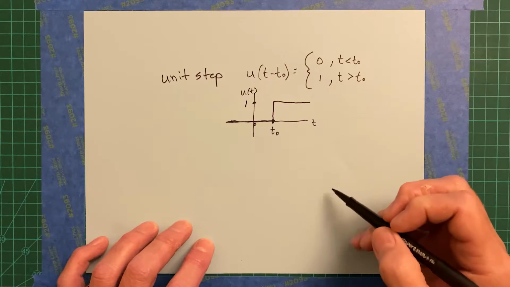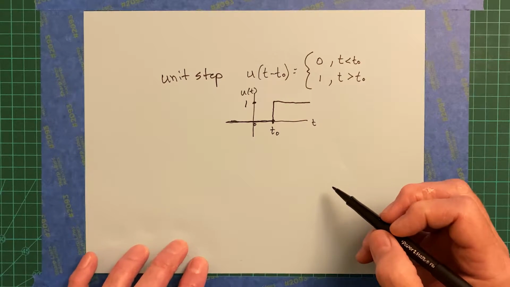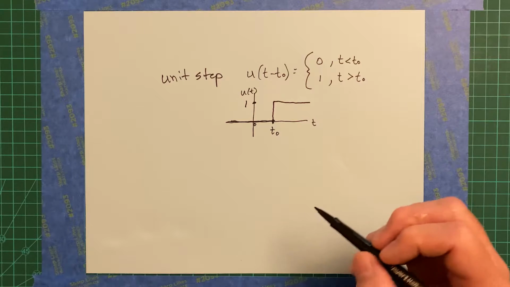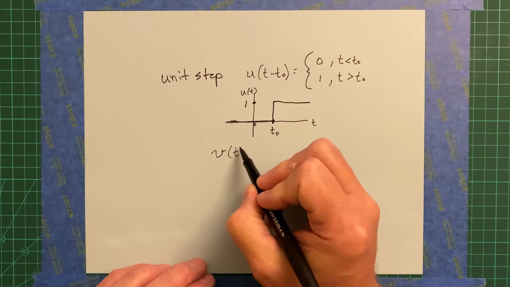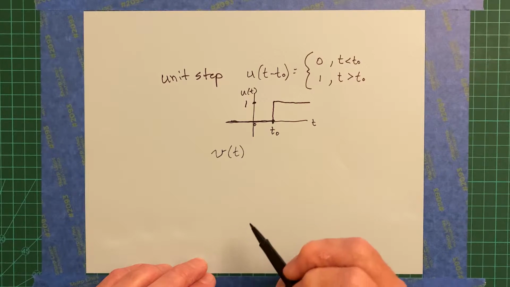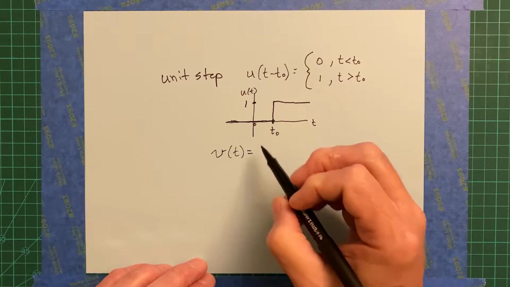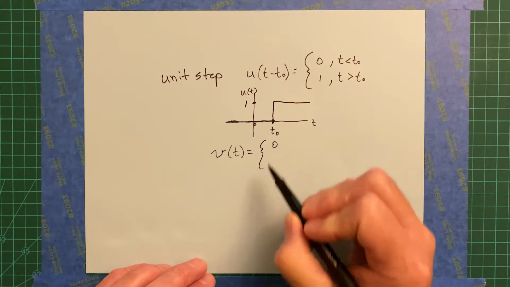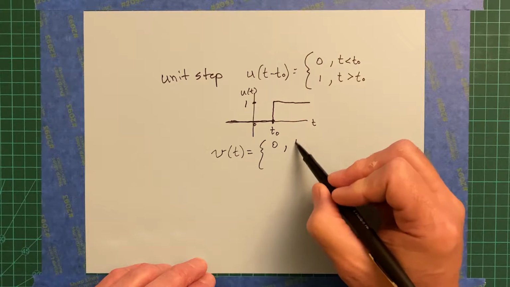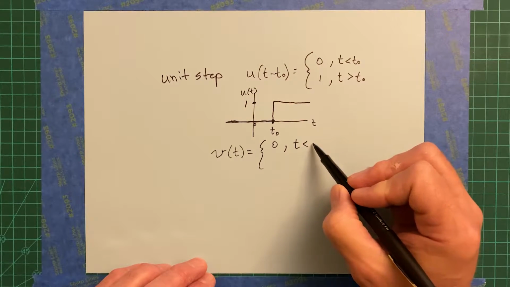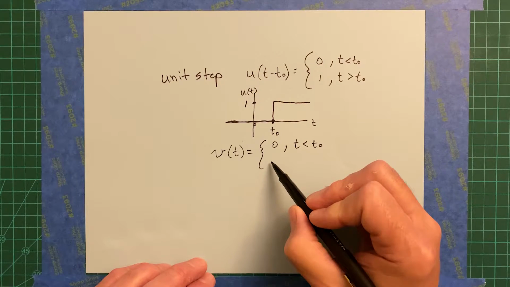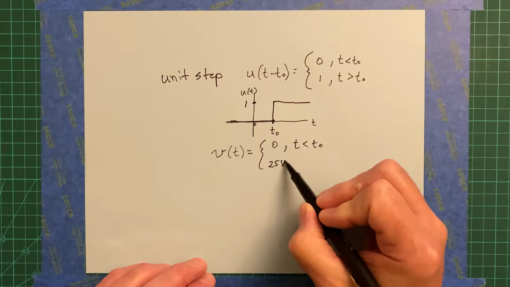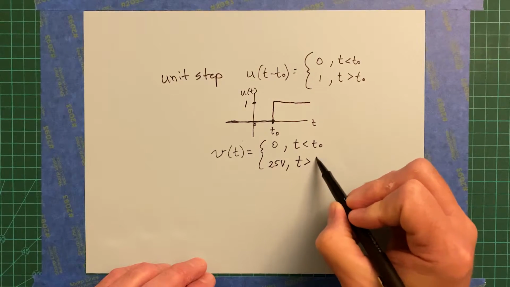The usefulness of this has to do with what we will use them for in something like a voltage function. So let's say we've got some voltage that's going to be a function of time. Well, we might want that to be either equal to 0, maybe it's 0 for t less than t naught, or then maybe it becomes, let's say, 25 volts for t greater than t naught.